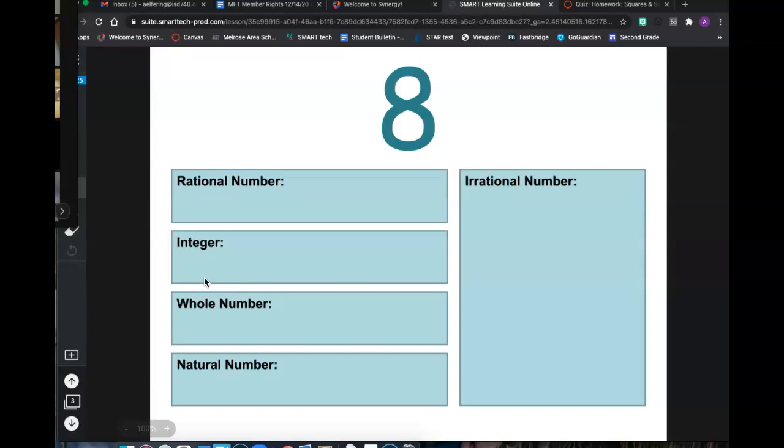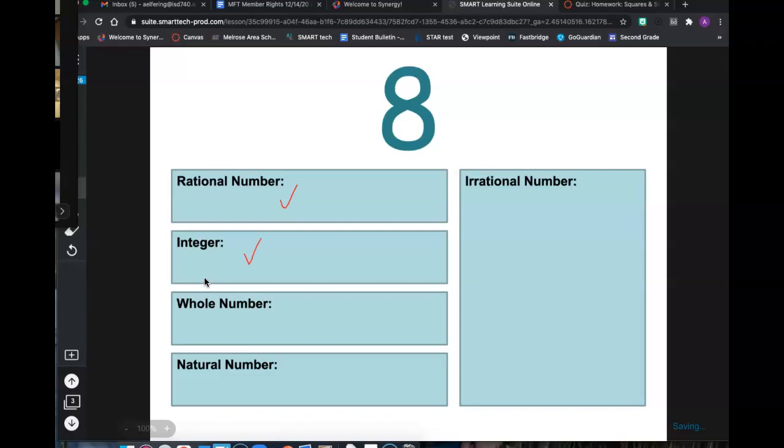The first number is 8. We would want to place that number in all the categories that it belongs. So I would start with rational number. Can I write 8 as a fraction? I would say yes. So I would put a check mark in that box because that's a true statement. It is a rational number. Is 8 an integer? Positive or negative whole number? I would also say it is that.